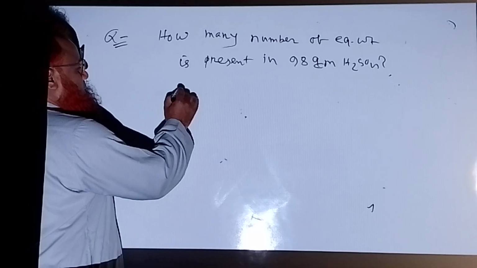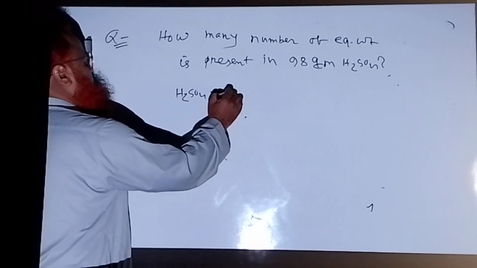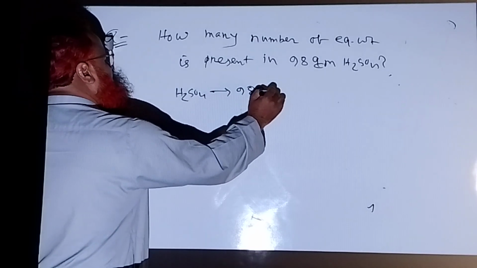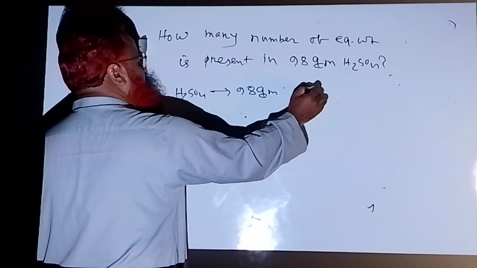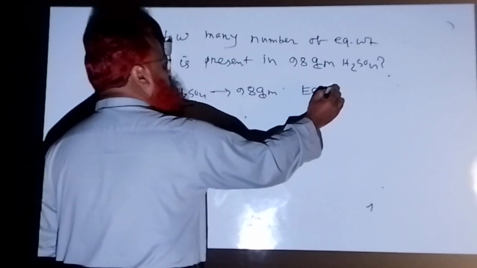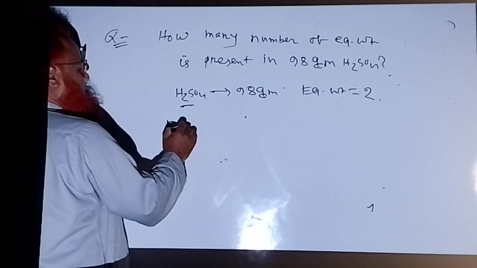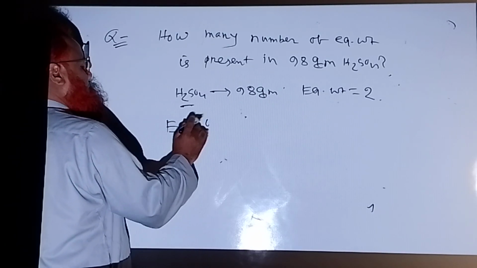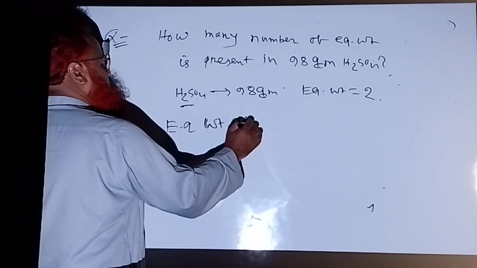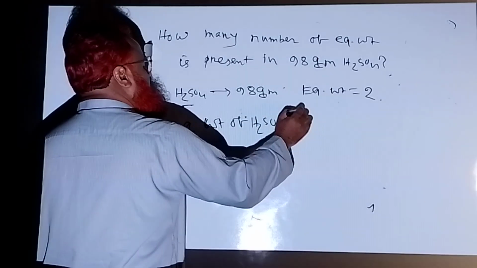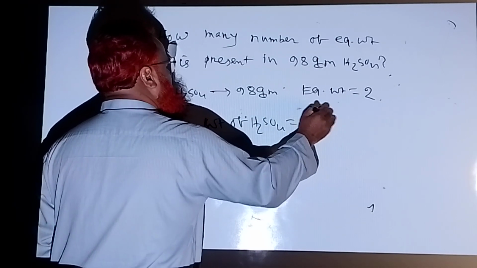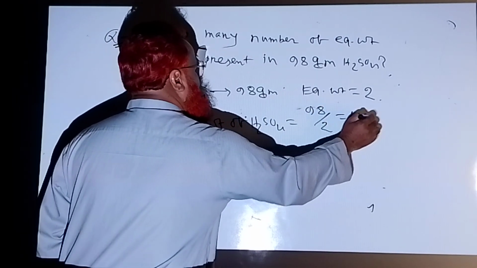So, very simple, you know that the H2SO4 molecular weight is 98 gram, and you know that the equivalent number here is 2. So, the equivalent weight of H2SO4 equals 98 by 2, that is 49 gram, you know that.